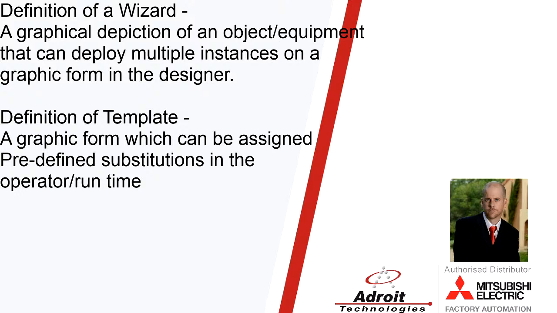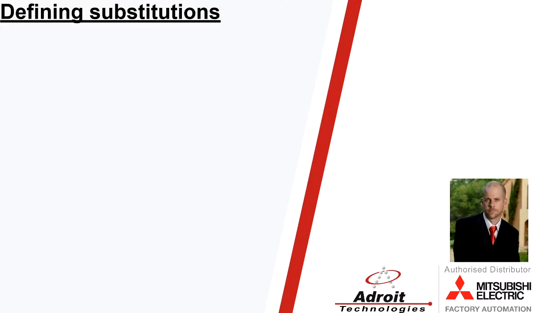All right, so when designing a wizard, one of the first things we have to do is look at defining our substitution. For those of you that aren't sure what I mean by substitution, in an Adroit data element, I can have the data source's name.